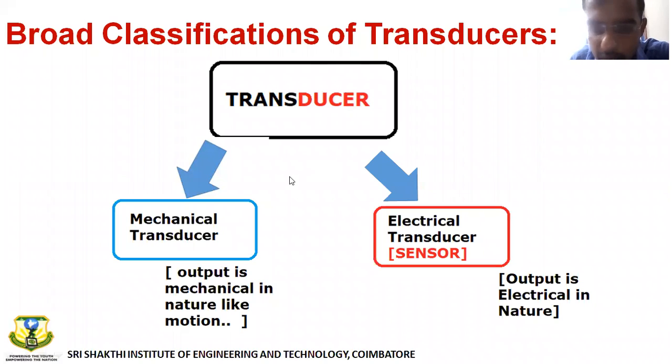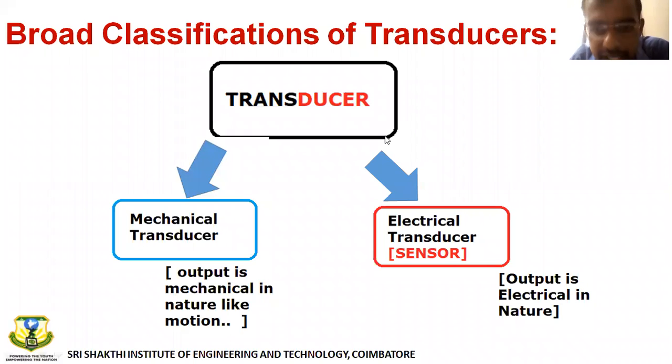In our syllabus, we are going to see electrical transducers, where the output is electrical in nature. The output of an electrical transducer is an electrical signal. These electrical transducers are also called sensors.